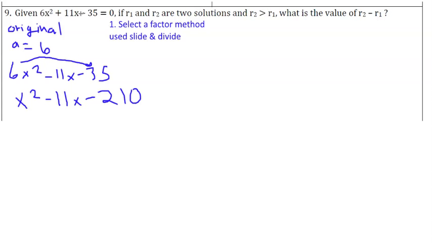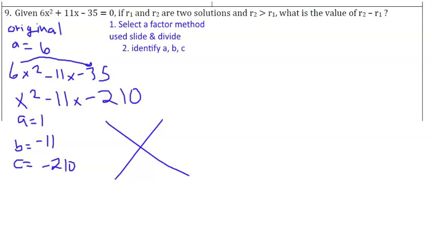We have our A, B, and C terms on one side and 0 on the other. So next you want to identify A, B, and C. Your new A is 1, your B coefficient is negative 11, and your constant C is negative 210.